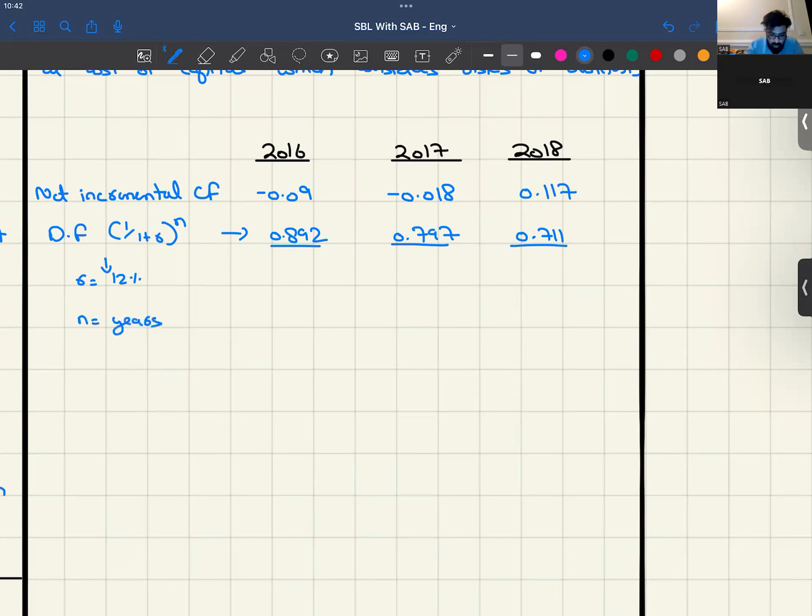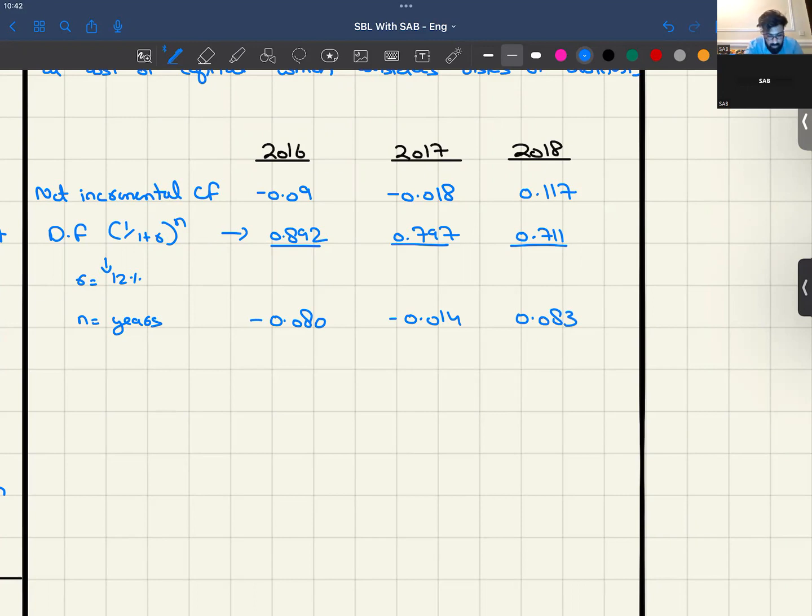So it's 0.09 into 0.892, which is 0.080 minus. 0.018 into 0.797 is minus 0.014, and 0.117 into 0.711 is 0.083.